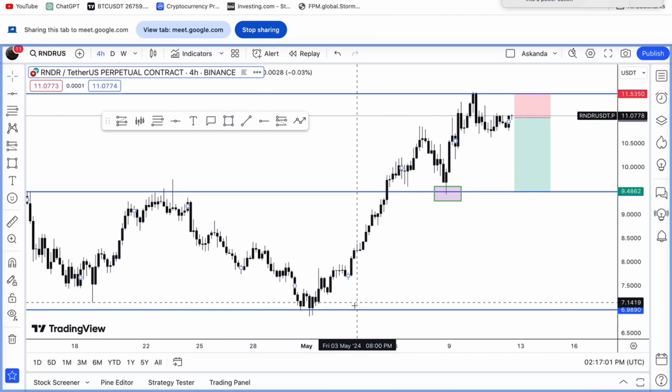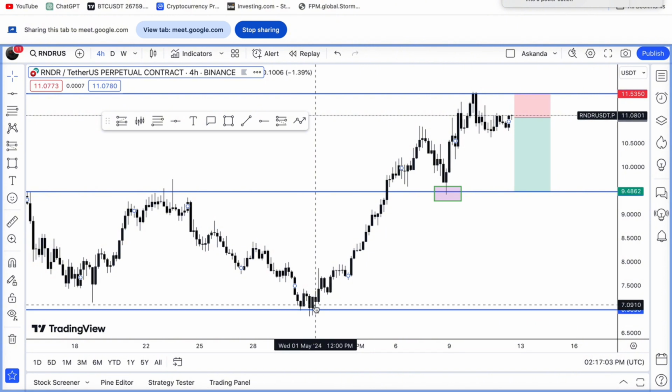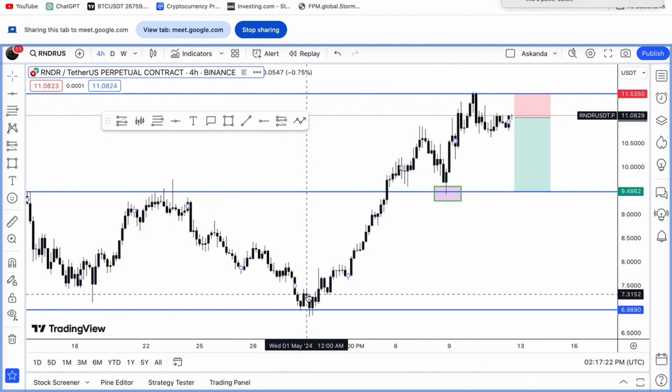So what I'm trying to say is that we have what we call support and what we call resistance. The support is the floor. If you have your room, your zinc or your ceiling is your resistance, and the floor is your support.